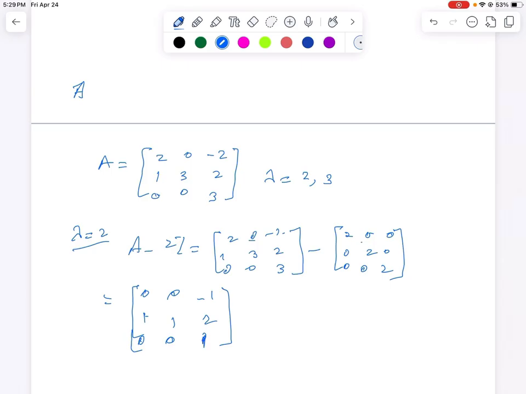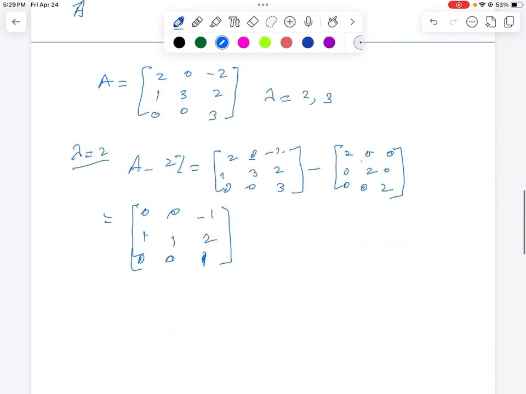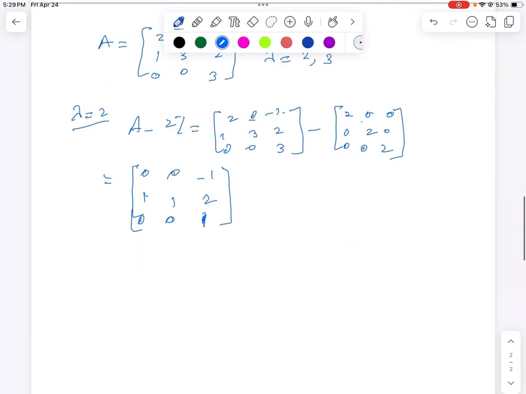Now basically we are going to solve the equation A minus 2I times x equal to 0. Remember how we do that? We take this matrix, A minus 2I, that we found, and augment the 0 vector with it, and then do our row operations.